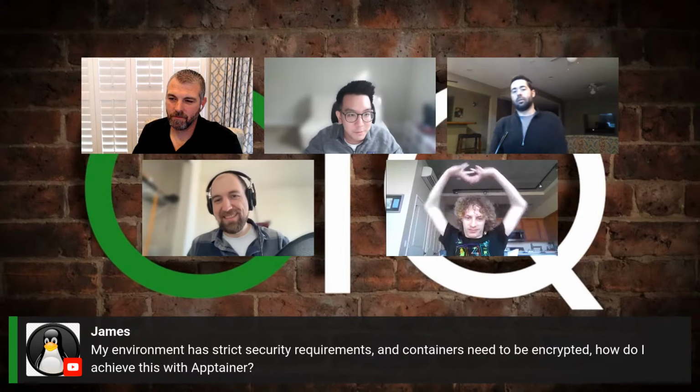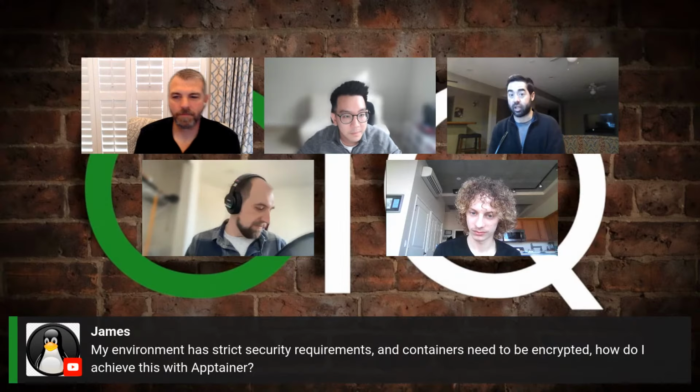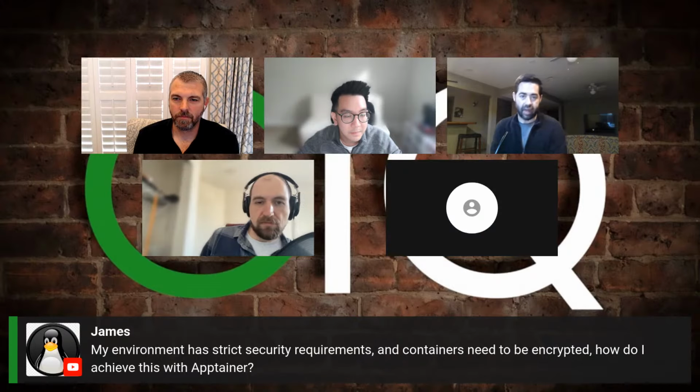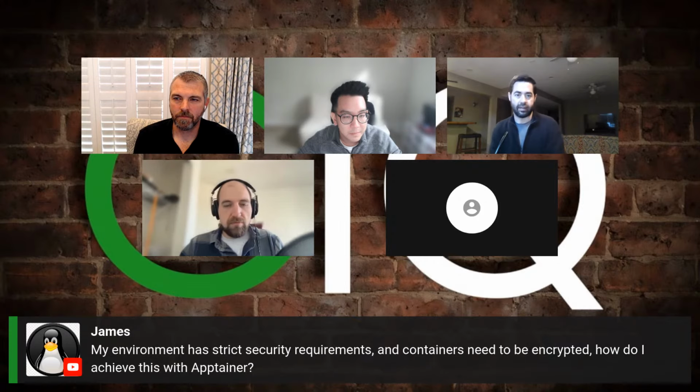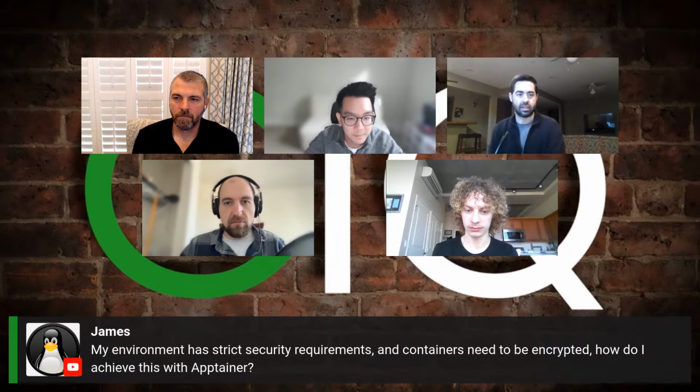So there's two different kinds of encryption within Apptainer, and sometimes they get confused a little bit. But I think the one that you're asking about is actually encrypting the container so that it can't be read. The way in which you do that is that you generate a key, and there are commands within Apptainer, because Apptainer is a really full-featured program, helping you to do that.